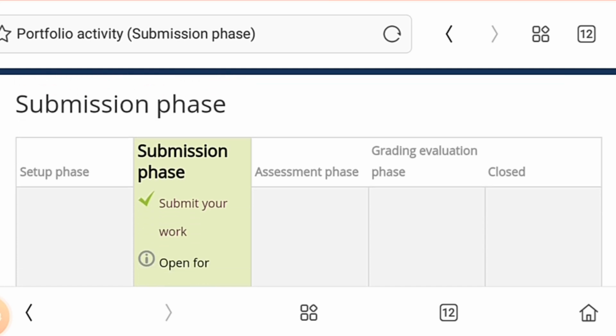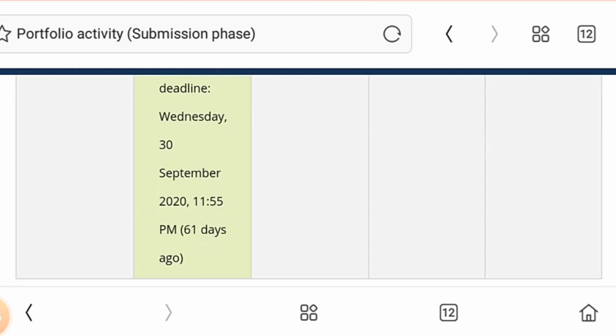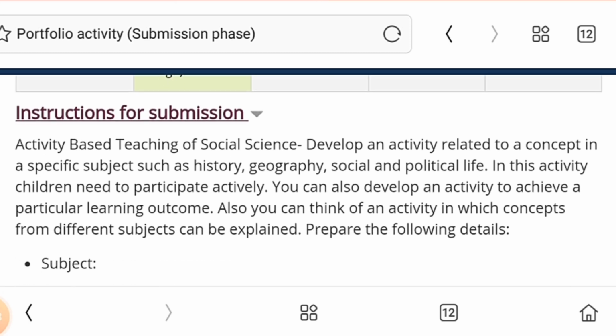If you see the portfolio activity, we have to submit some chapters or some headings like they have given.